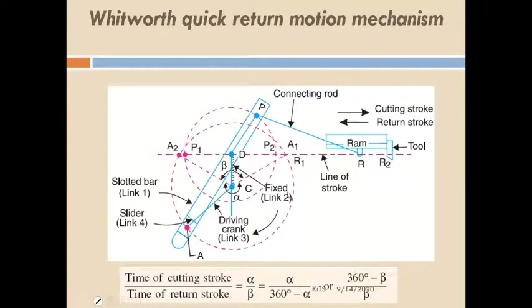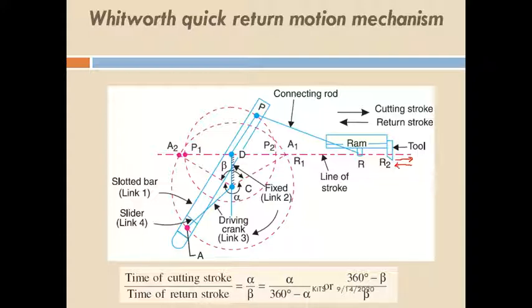When the cutting tool moves forward, it will remove the material. When the cutting tool returns back to its original position, it will not remove or cut any material.